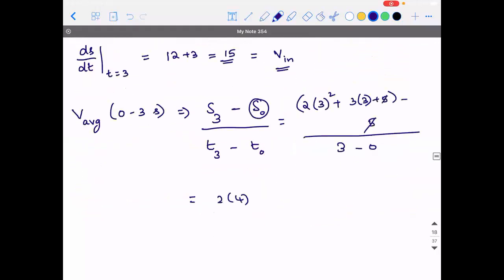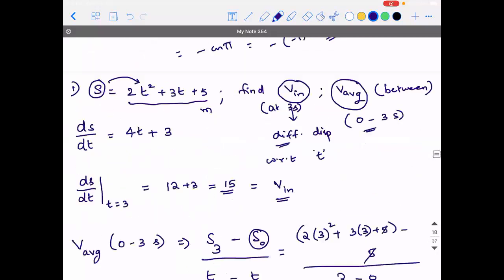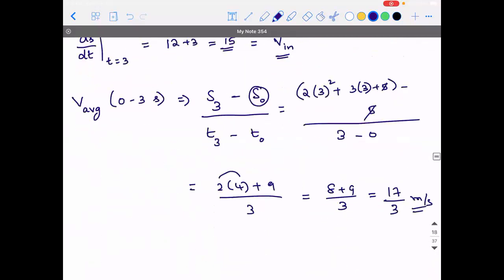So 2 into 9, that is 18, plus 9, it will be 27 by 3. 27 by 3 is going to give us 9.